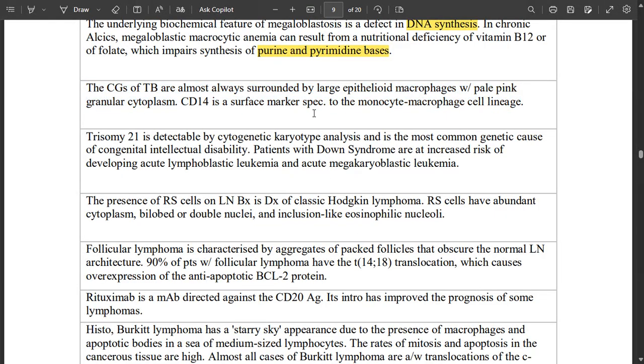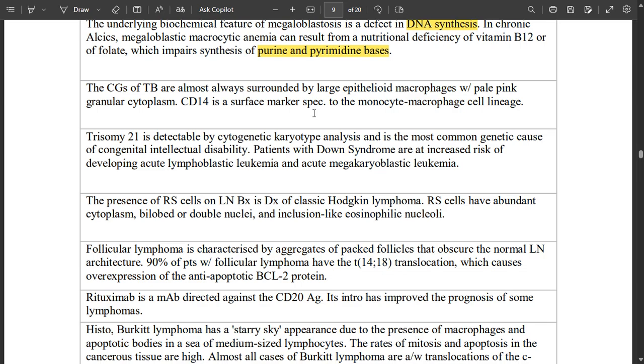All right, the CGs of TB are almost always surrounded by large epithelial macrophages with pale pink granular cytoplasm. I think CGs means something related to granulocytic, large macrophages. Let me search it on my phone. Multinuclear giant cells.